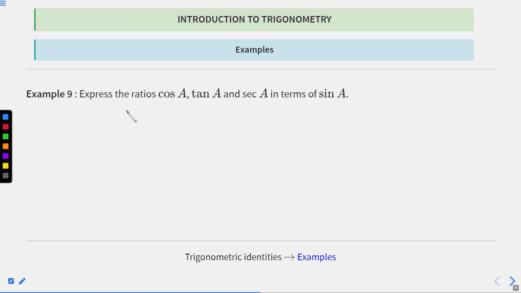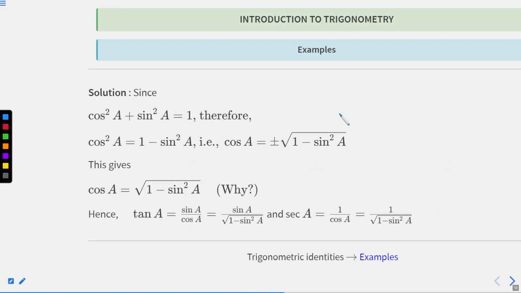Here in this example, we have to express the ratios cos a, tan a, and sec a in terms of sin a. So let us express.